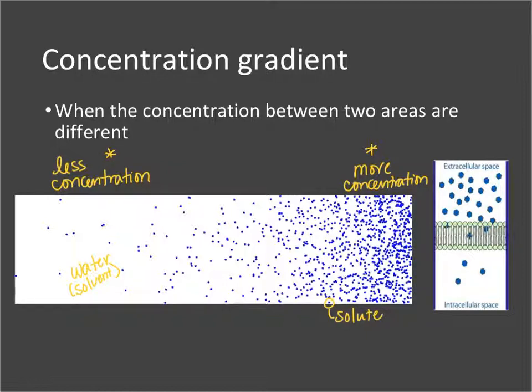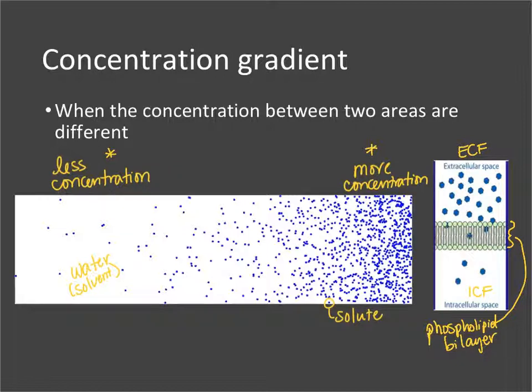Now, this could exist just in, let's say, a glass of water, or it could occur across the cell membrane. So you can see that this area right here is our phospholipid bilayer. Sometimes a concentration gradient can exist between the intracellular fluid and the extracellular fluid.